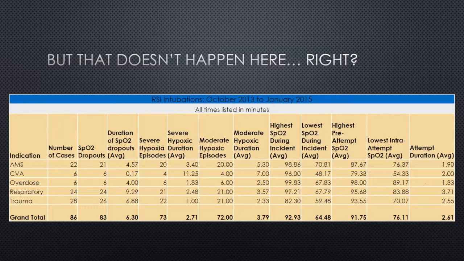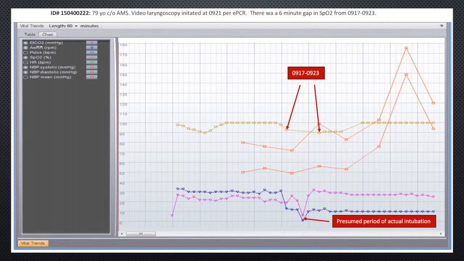All right, let's show some examples here. I'm going to show a couple of good examples, and I just want everybody to be familiar with what we're looking at. This comes out of a Philips monitor, and it charts all of our second-by-second data across the event. This is our pulse oximetry data, this yellow line, and this is 100% right here.